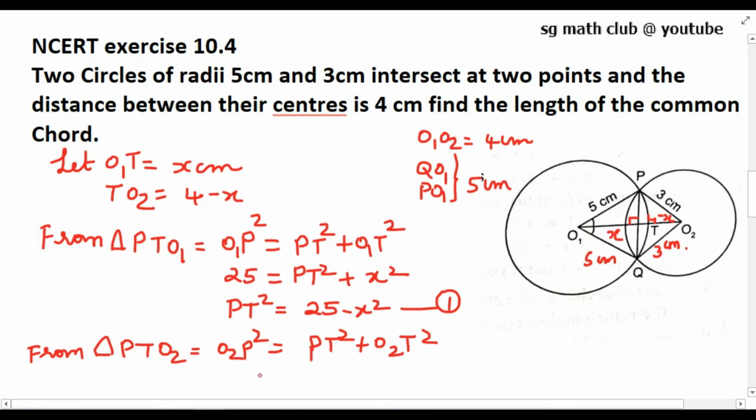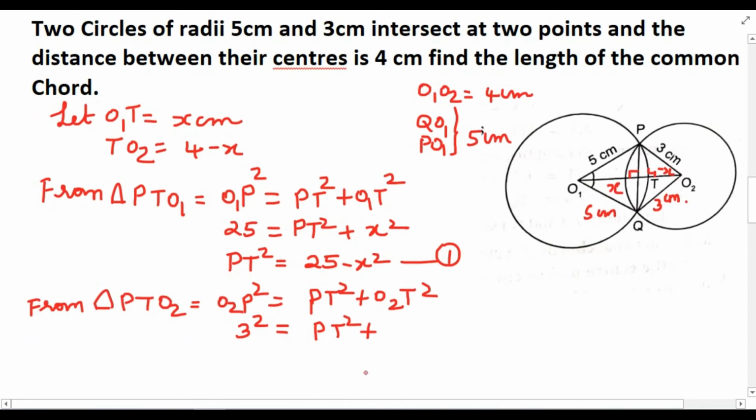So this is 3 square equal to PT square plus O2T whole square, which is 4 minus X whole square. So 9 equals PT square plus 16 minus 8x plus x square. This you have to expand using a minus b whole square, which is a square minus 2ab plus b square.